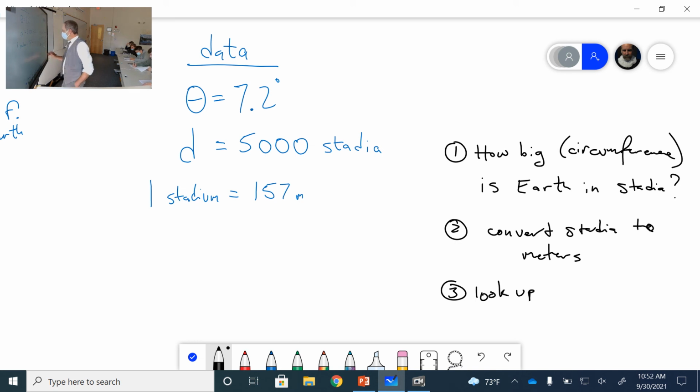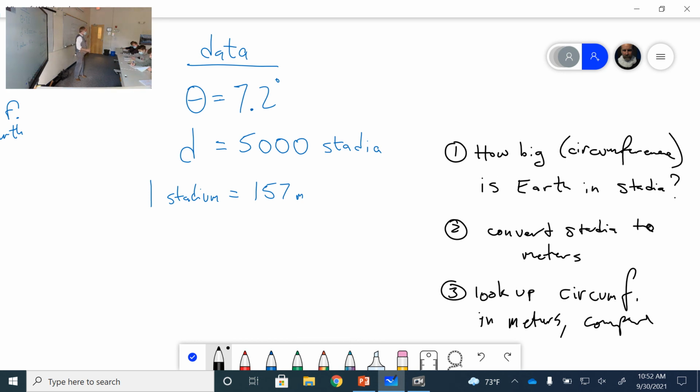Look up circumference in meters. Compare. Try this. See if you can use Eratosthenes' method to figure out, according to Eratosthenes, how far around is the Earth.